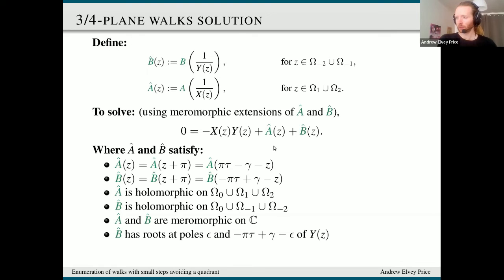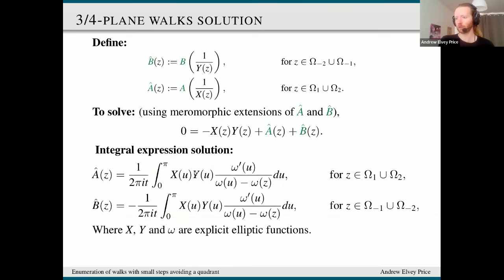Okay, so this is very similar to the functional equation that occurs in the quarter plane case that was derived by Kilian Raschel. The only difference being that here we have a gamma instead of a pi tau minus gamma. But it's very similar, and so this is why it leads to the same sorts of solutions.